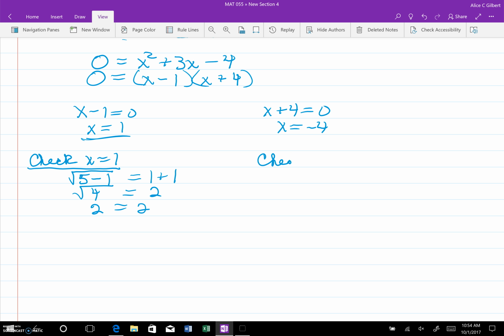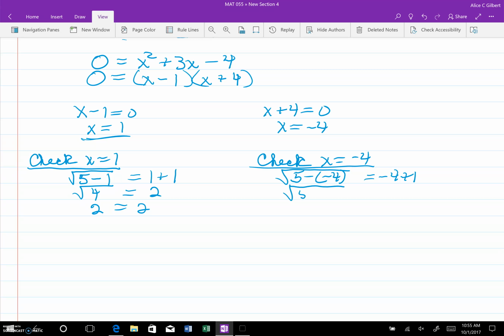Now let's check x equals negative 4. Okay, and so we get the square root of 5 minus my x. So you notice how I put the minus 4 in parentheses because it's a minus minus equals negative 4 plus 1.